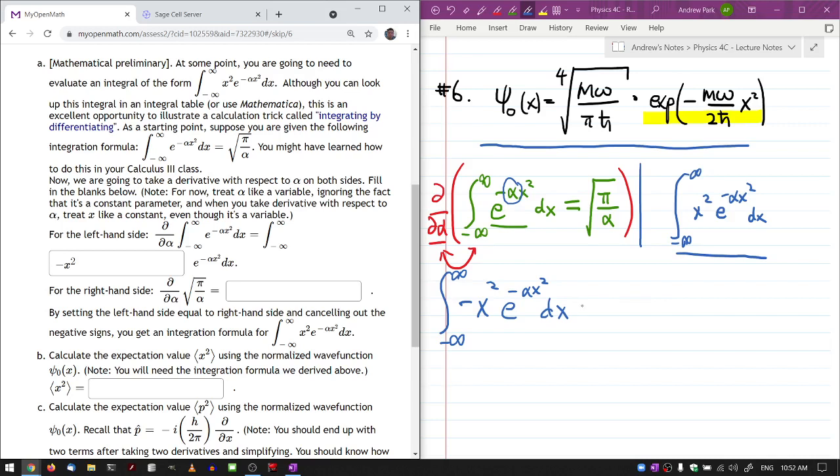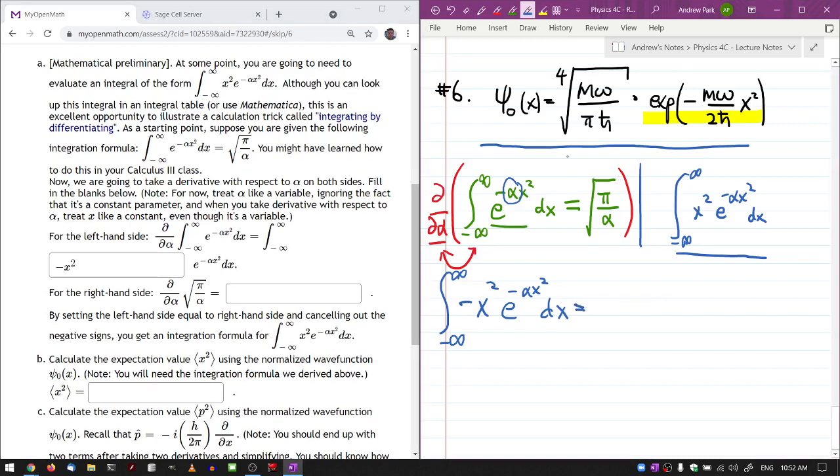For the right-hand side, you have to work out the derivative. The square root of pi is a constant, so I can ignore that. What I'm taking the derivative of is a power function of alpha to the power of minus 1/2. The derivative of that is going to be minus 1/2, and then alpha to the power of this minus 1, so minus 3/2.